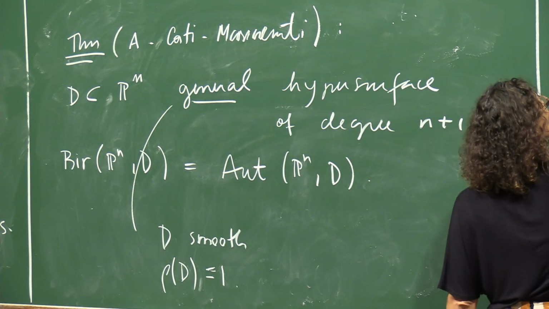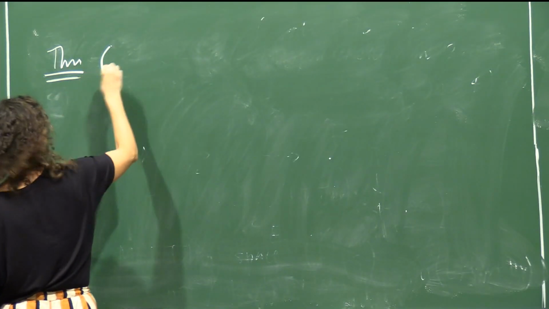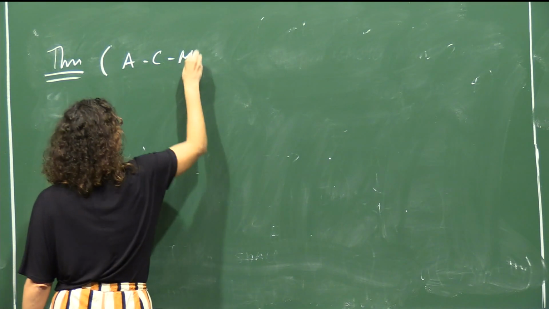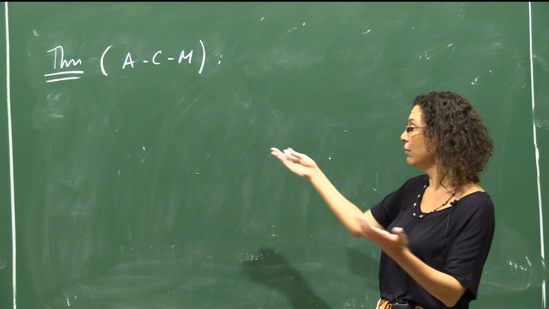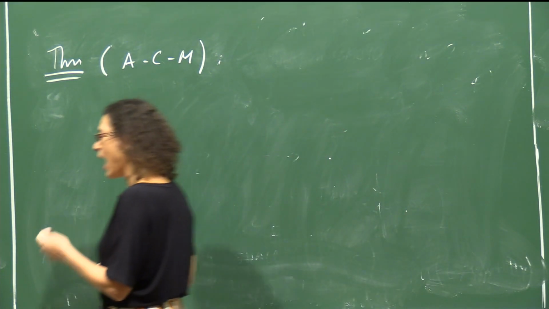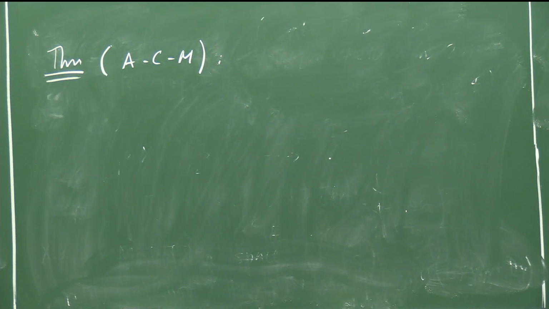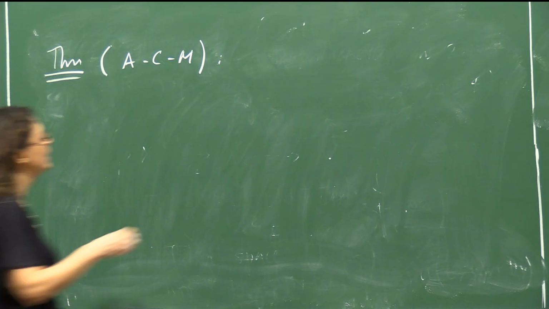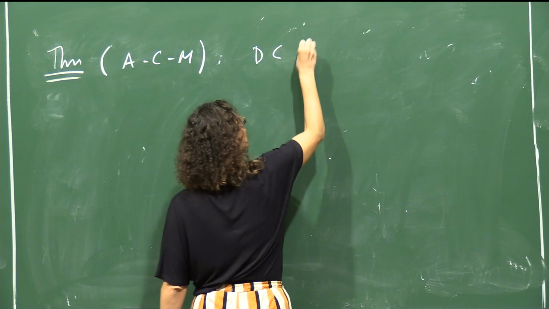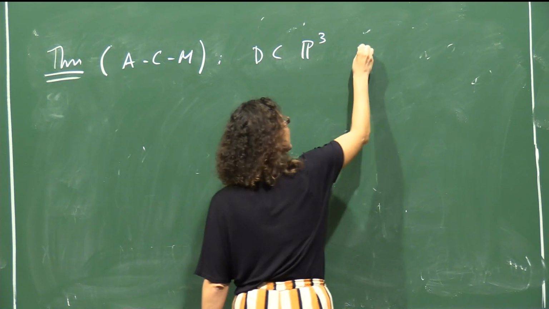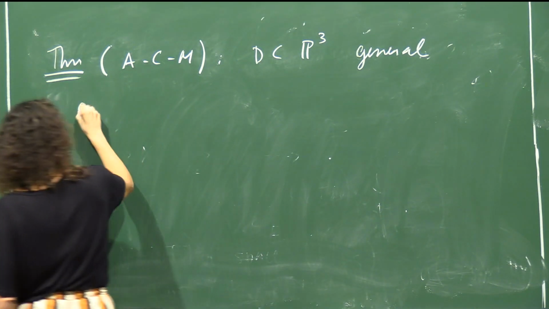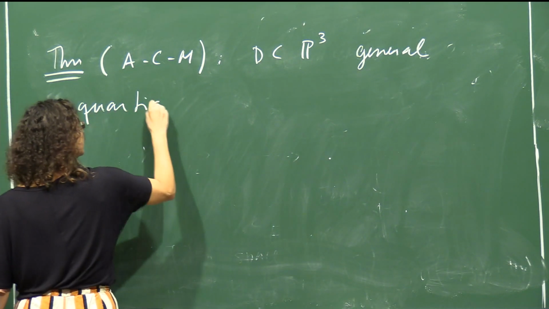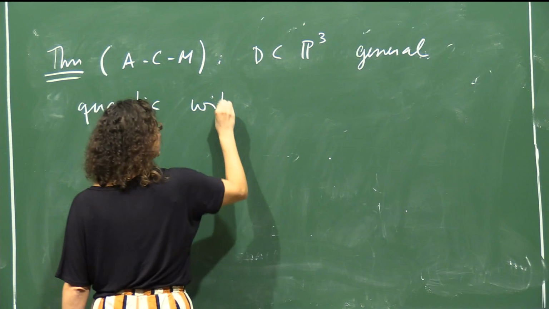So here, maybe the second theorem that I want to discuss. Now instead of taking a general smooth hypersurface, we take a hypersurface in P3 of degree 4 with the simplest possible singularity. So we take now P inside P3, a general quartic hypersurface with a singular point.